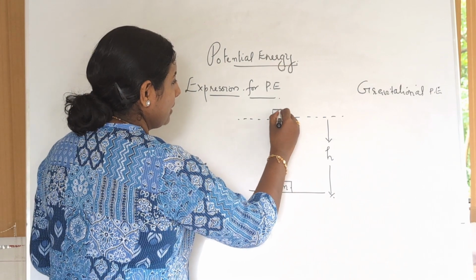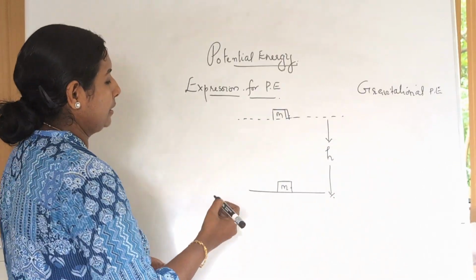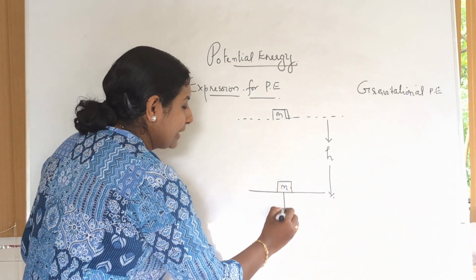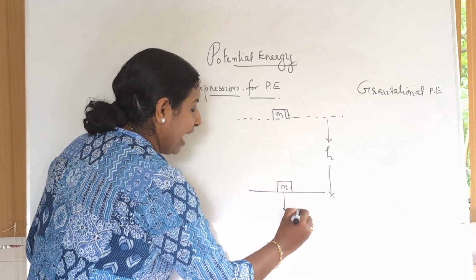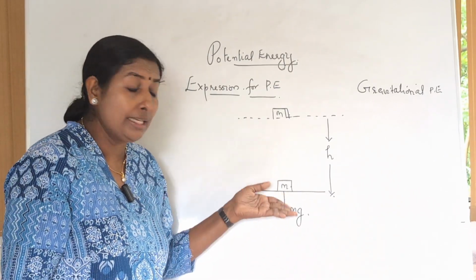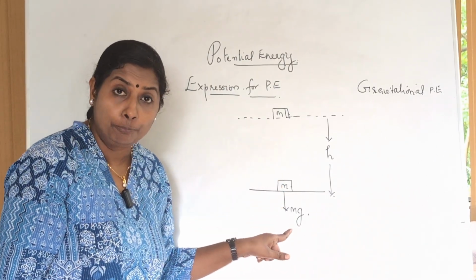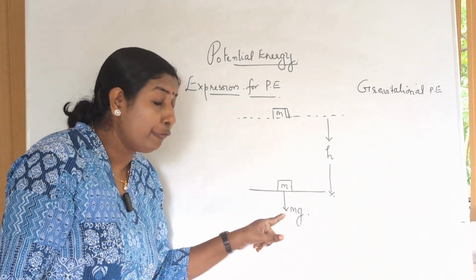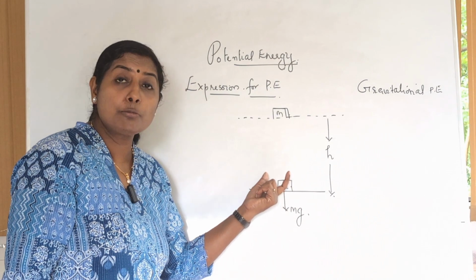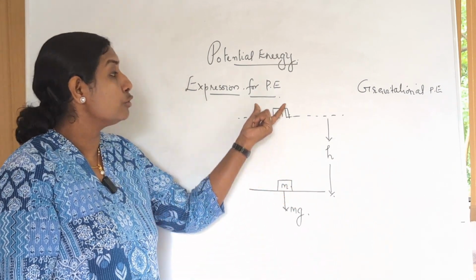We know that this body has a gravitational force on it, and it has a weight which I marked as mg. So an equivalent force must be applied on this body to take this mass from this level to here.